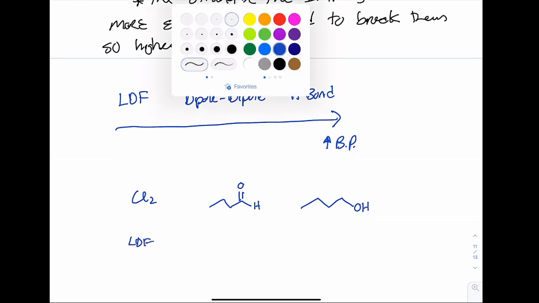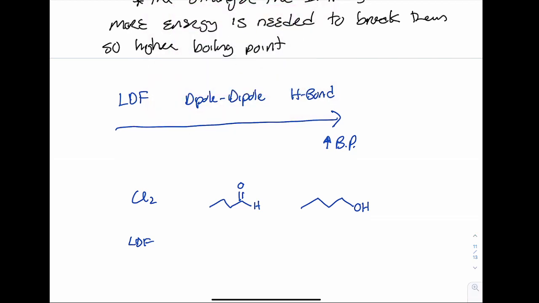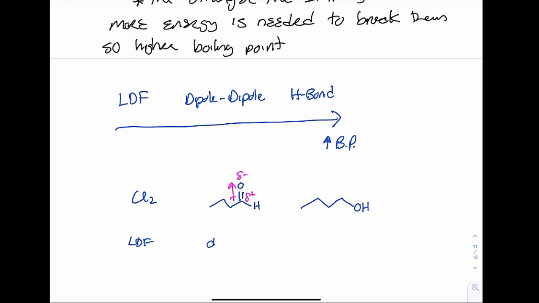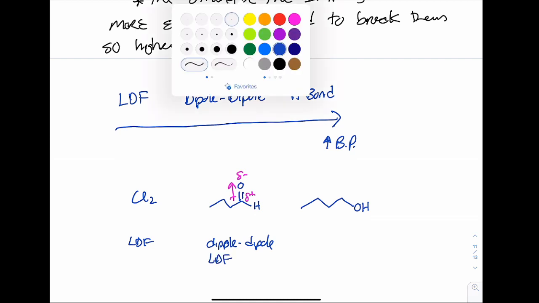My aldehyde is polar, right? This oxygen is more electronegative than that carbon, so I do have a dipole going in that direction. So dipole-dipole interactions. Also London dispersion forces.